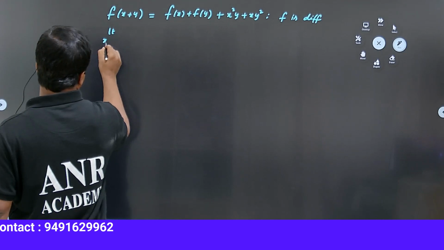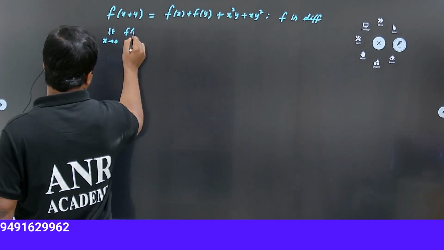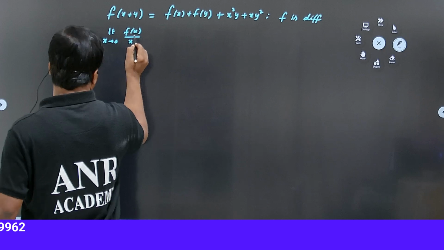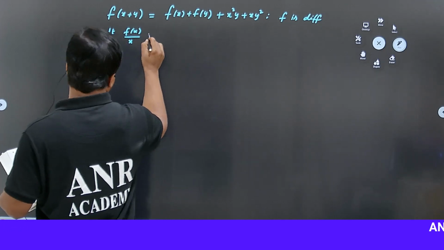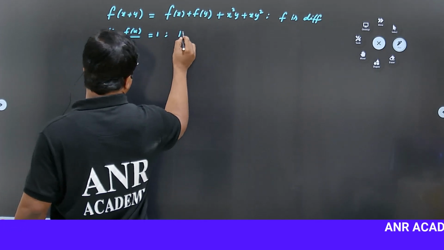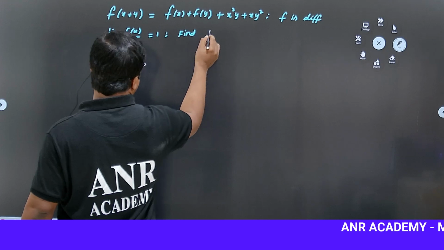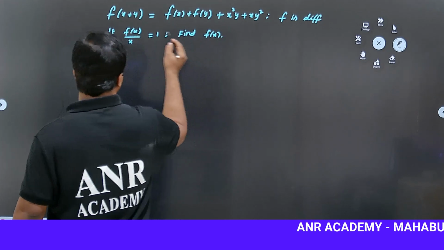Limit x tends to 0, f of x divided by x is given as 1. Find f of x. This is the question.